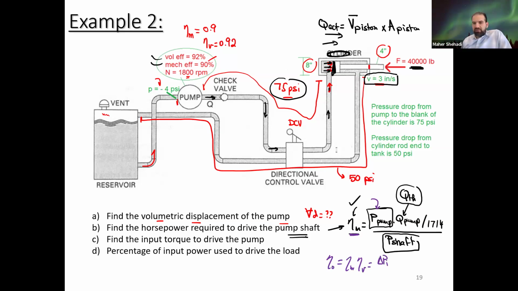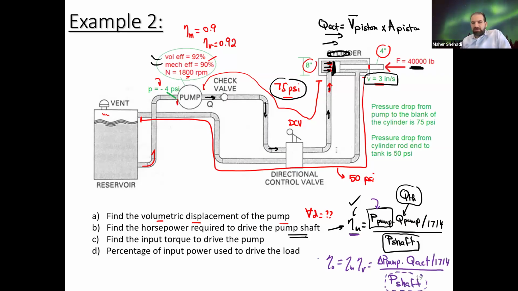So delta P, or P for the pump, times Q actual over 1714, all that divided by Tn over 63,000, but Tn, that's the mechanical power needed by the shaft. Okay, so we're looking into this one.